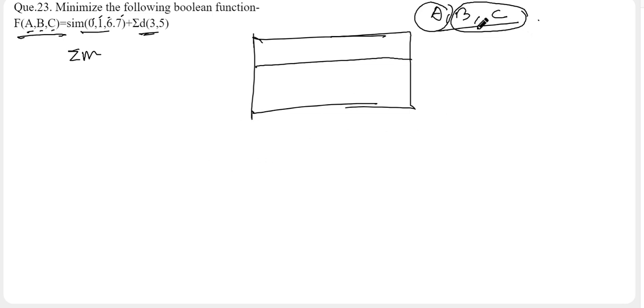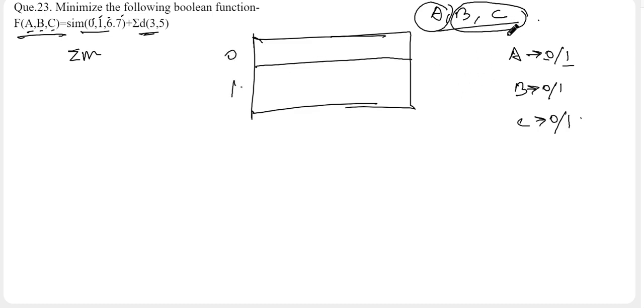Now these variables A, B and C represent only one bit of a number. So A can be either 0 or 1, B can be either 0 or 1, and C can be either 0 or 1. So if we are using only A to represent the row number, it can be either 0 or 1.